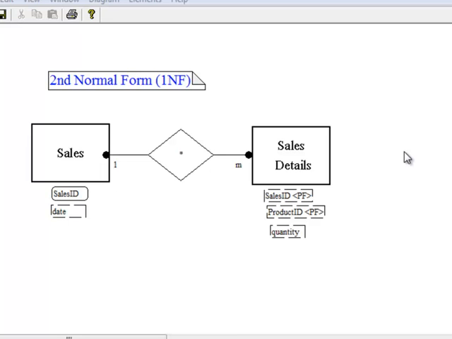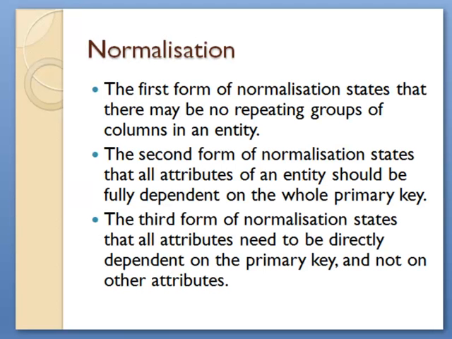Now, if you look back again at the rule, the third normal form of normalization states that all attributes need to be directly dependent on the primary key and not on other attributes. We find that the additional information that we kind of take for granted is in the wrong place.